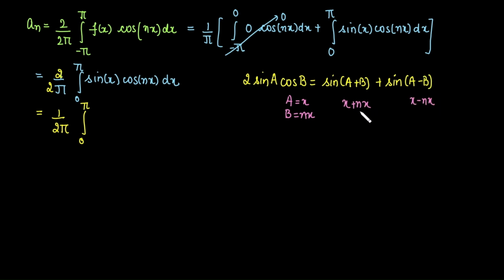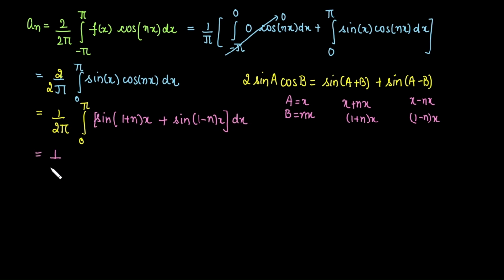We can take x common from here. We have 1 plus n into x and over here 1 minus n into x. So use this form and in this case we have sine of 1 plus n into x plus sine of 1 minus n into x. Its integration with respect to x.